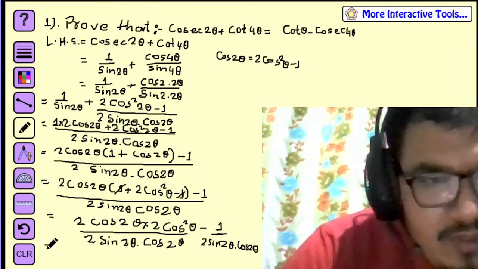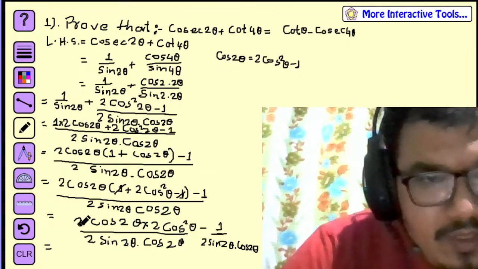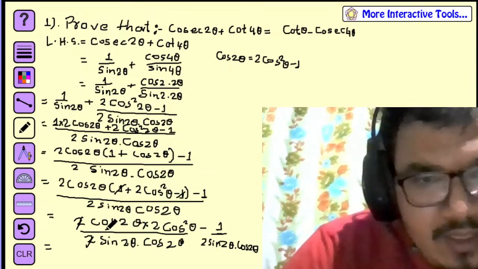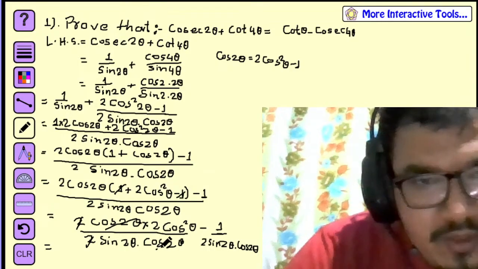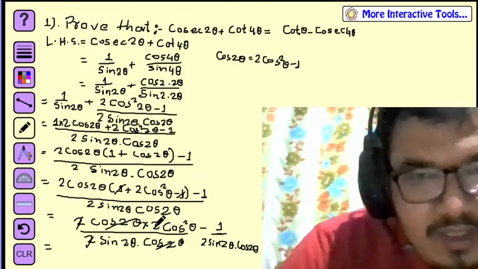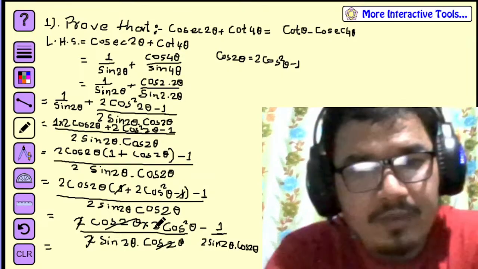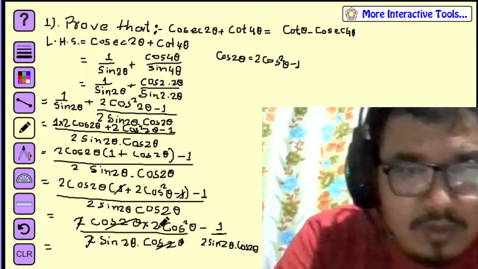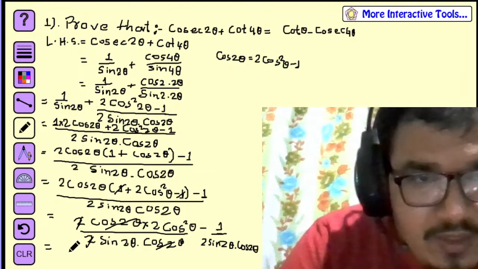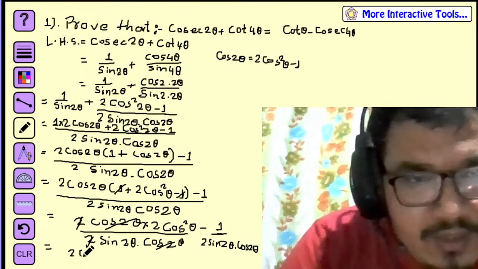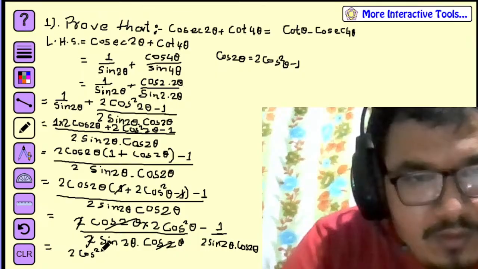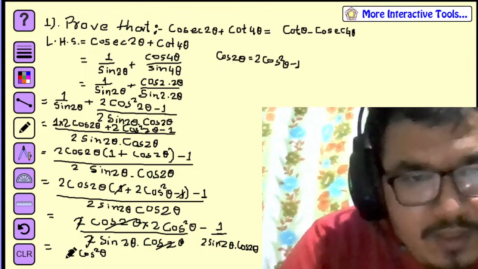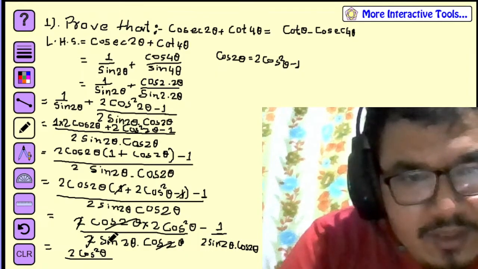Then see here, students, this 2 and this 2 cancel, and here cos 2 theta cancels. Here is remaining 2 cos square theta, and down there is sine 2 theta.